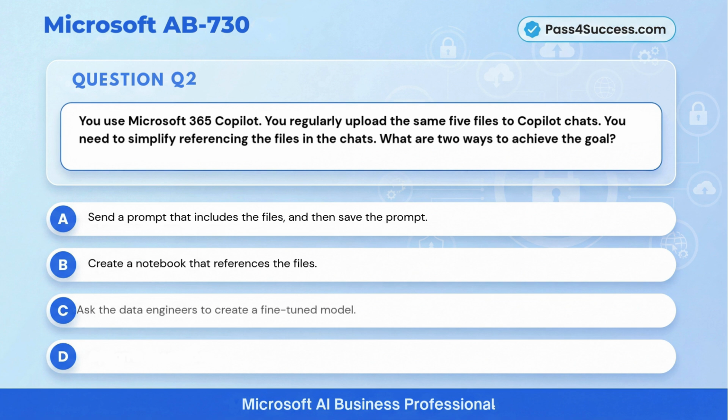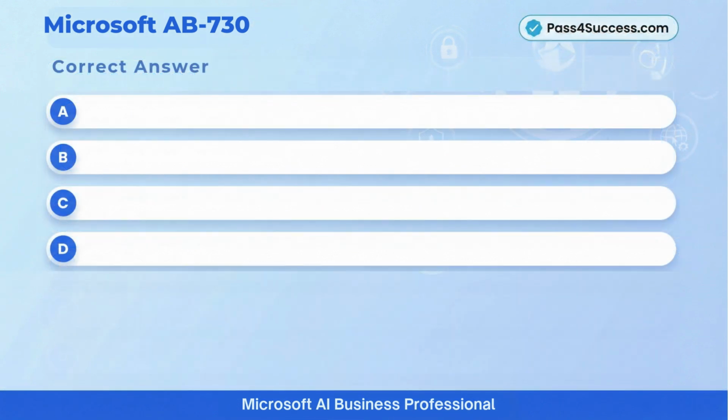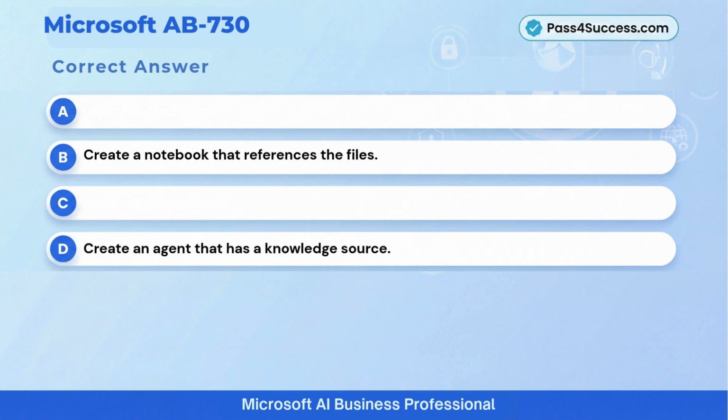Option C. Ask the data engineers to create a fine-tuned model. Option D. Create an agent that has a knowledge source. Correct answer is B. Create a notebook that references the files, and D. Create an agent that has a knowledge source.